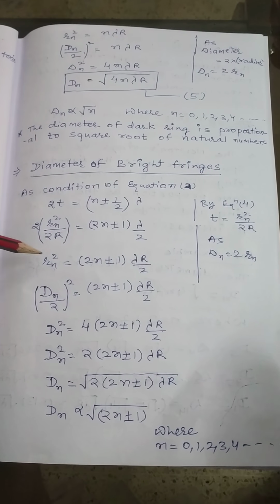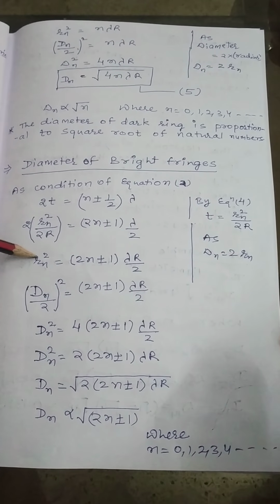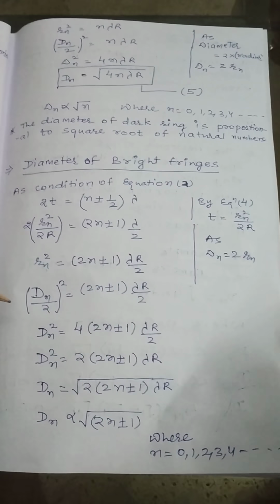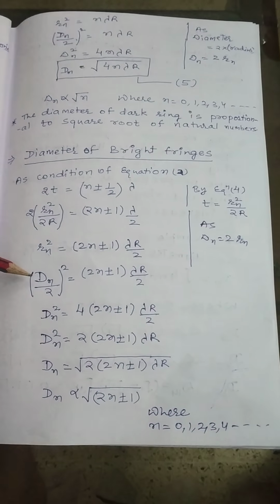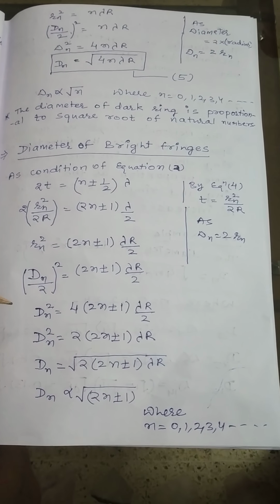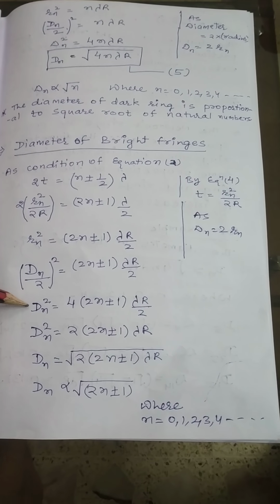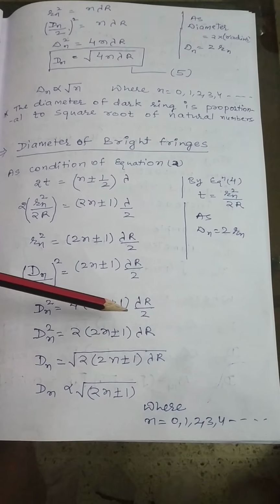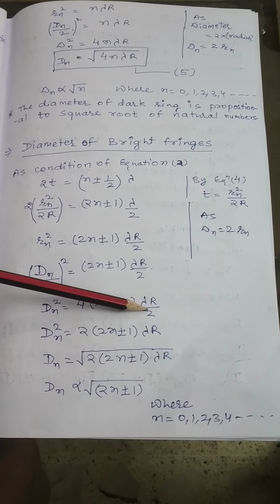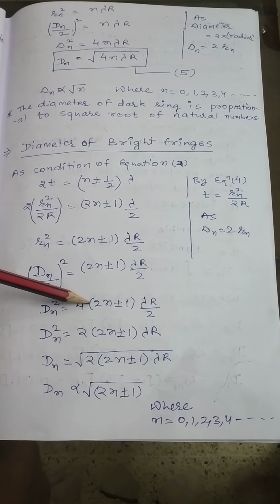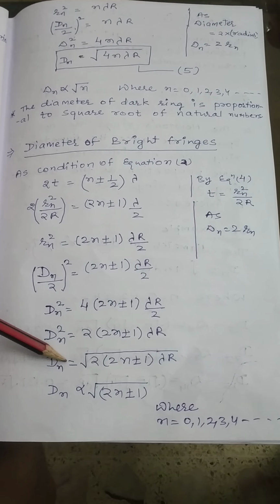As we know that rn is the radius and the diameter is d, we put the value of rn, so this value is converted into this. When we transpose or multiply this equation by 2, the equation is converted into this, and the 4 is cancelled by 2, and the value of dn is equal to this.